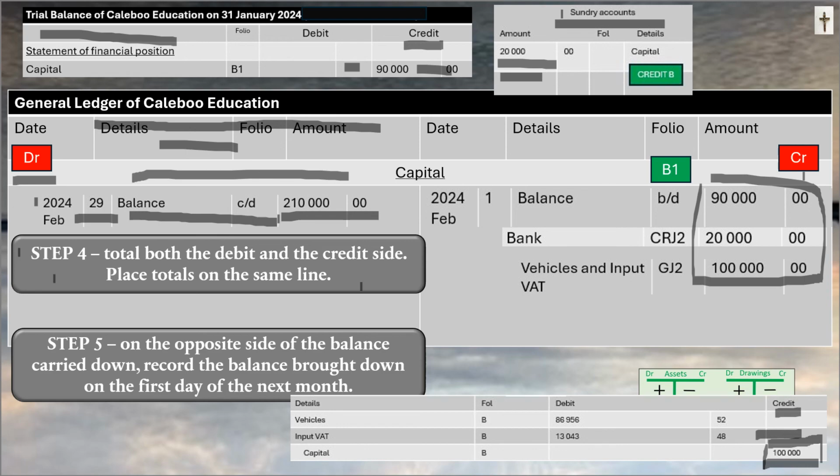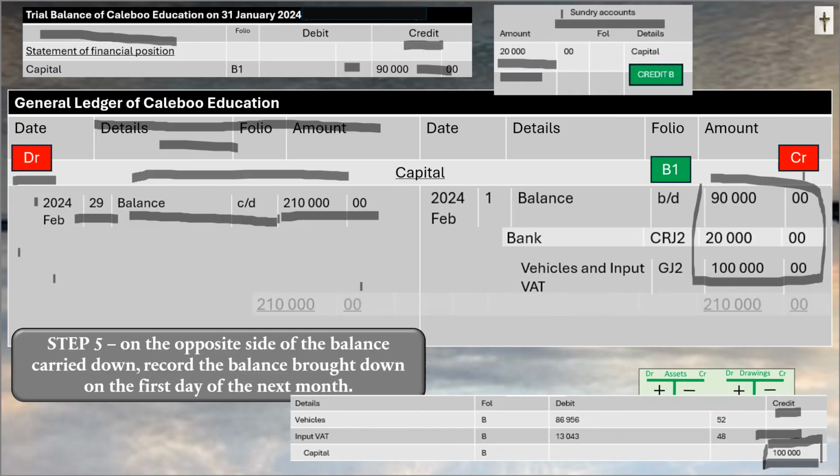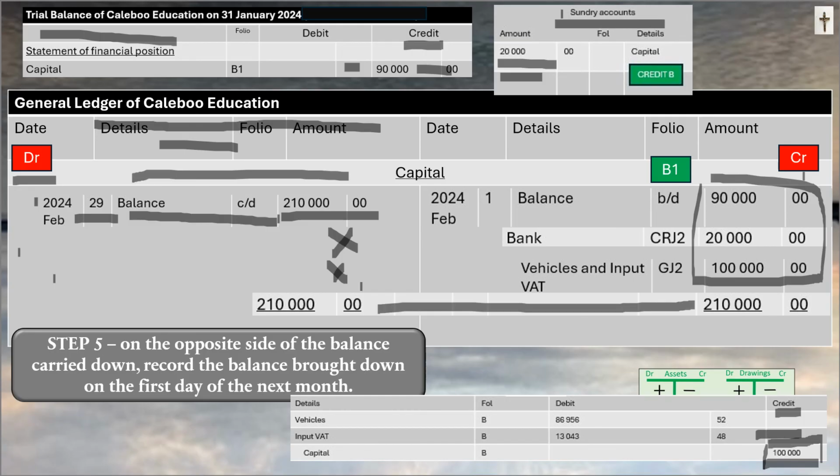Step 4, total up both sides on the same line. If we total up both sides, do you see I've skipped a line on each side? The totals are on the same line. That's just the way it's done because it's much easier on the eye if the totals are on the same line.